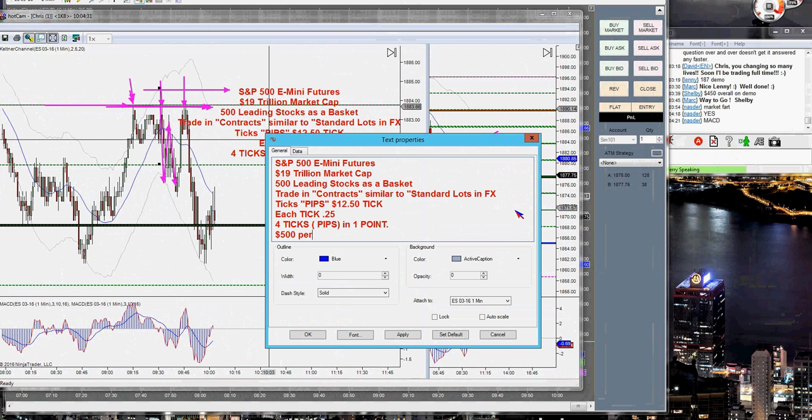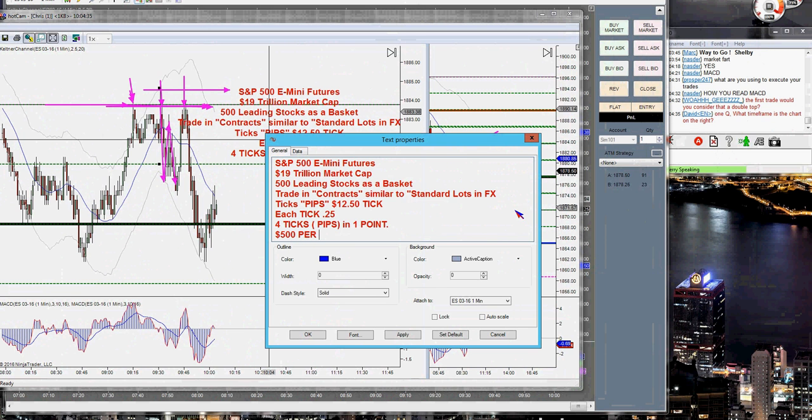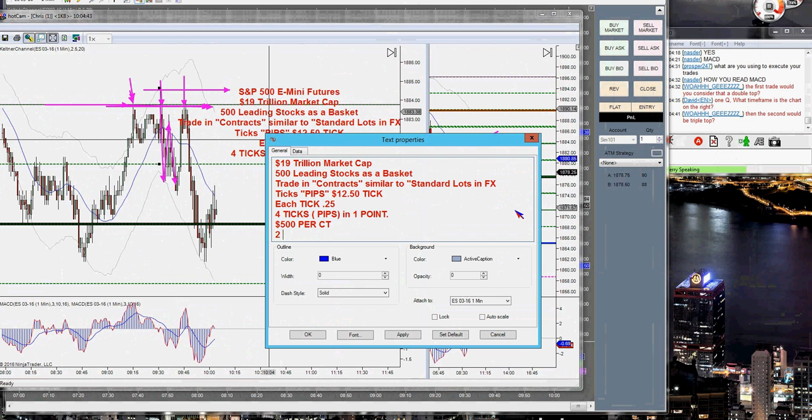It's 500 per lot, per contract. It's a 15-minute chart. We do 2 contracts minimum. All right.